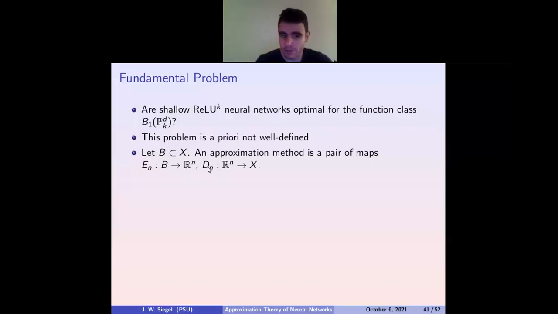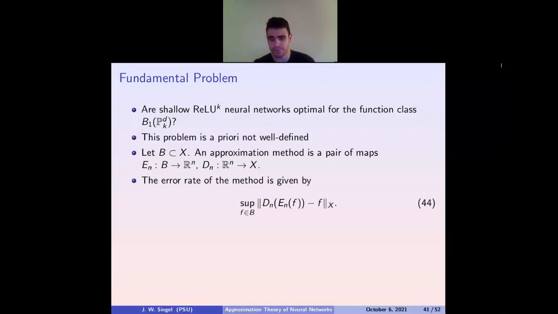Then another map, a reconstruction map, takes the parameters and obtains a function in X. So the first map is an encoding, the second a decoding or reconstruction map. The encoding maps your function to a set of parameters, and then the decoding maps those parameters back to a function. The error of the method is given, for a given function f, by the error if I map it to its parameters and then map back; then I take the maximum over the set B to obtain the error rate of this method.